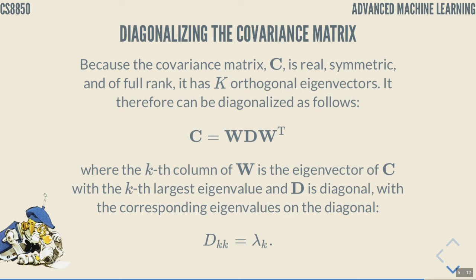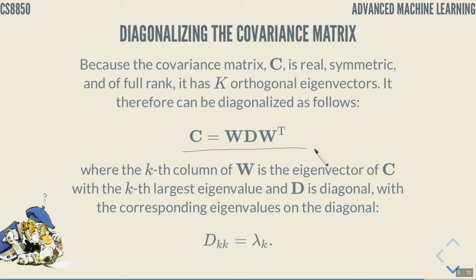So let's try and diagonalize the covariance matrix. That is, let's try and find a similarity transform. Because the covariance matrix C is real symmetric, and if we have enough samples for full rank, let's assume that we do, it has k orthogonal eigenvectors, and it therefore can be diagonalized as follows.